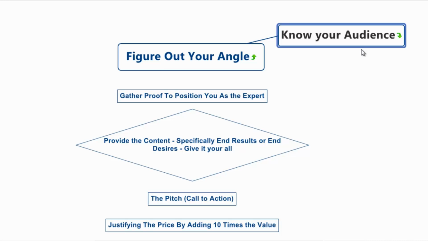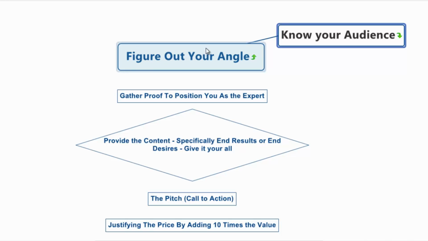You basically want to stack it so that you know your audience really, really well. Then you take that information and you use their desires and wants, the end results that they want, and the objections. You apply that to your angle. So basically, you're piggybacking on top of each other.